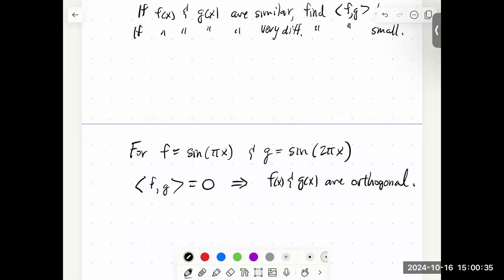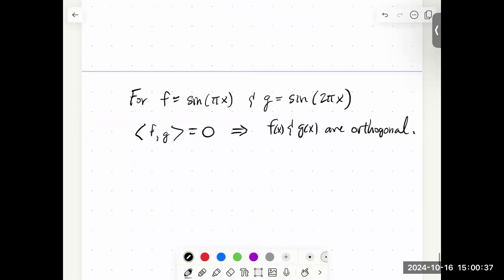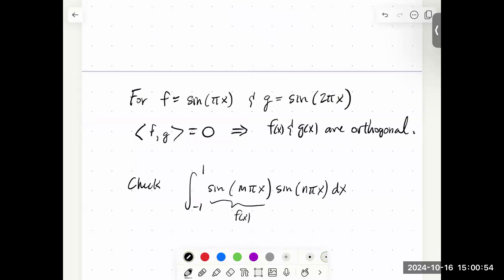Let's check something that's a little more general. Let's check the integral from -1 to 1 of sine m pi x times sine of n pi x dx. So this will be our f of x, and this is going to be our g of x.